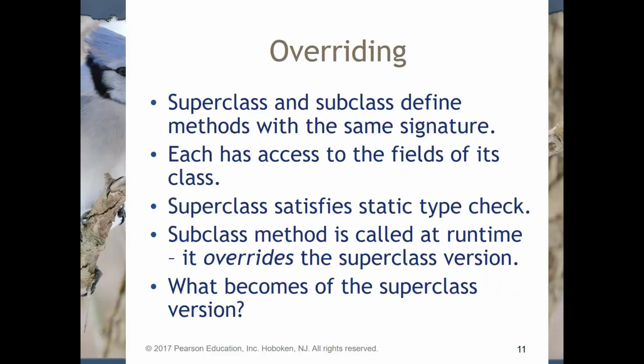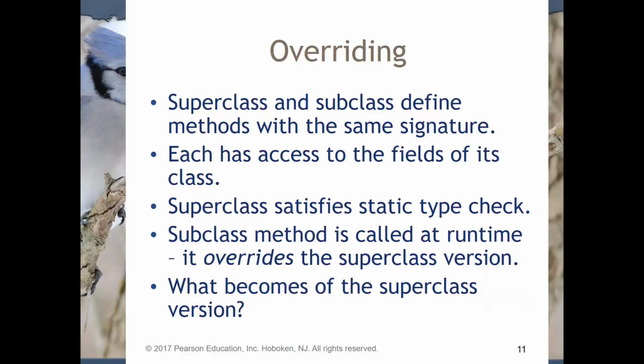Overriding. Superclass and subclass define methods with the same signature. Reviewing your knowledge, a signature is the list of parameters after the name of the method. If those are exactly the same in both the superclass and the subclass, in the parent and the child, then the child one will be called instead of the parent one.